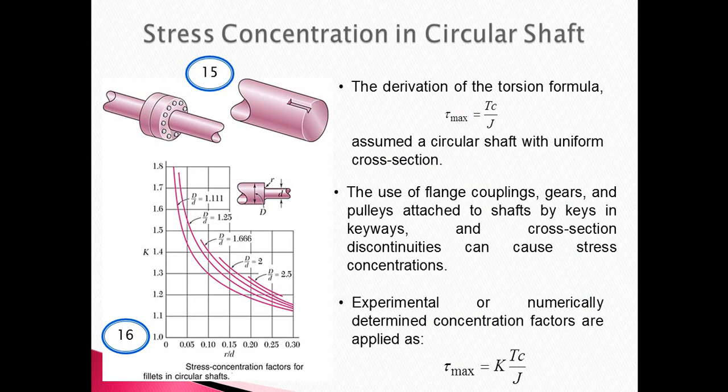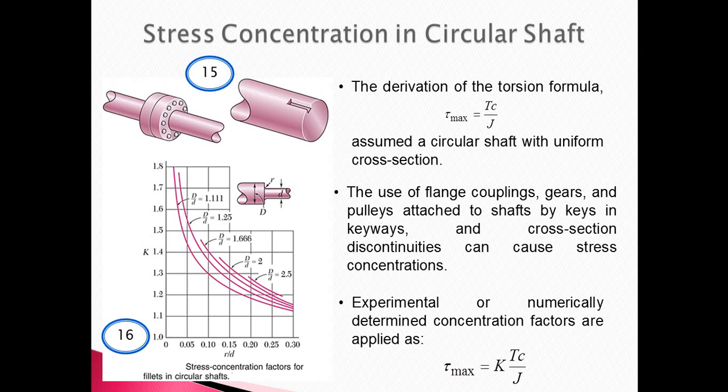What we have discussed in this video and the previous video is based on the assumption that the circular shaft is made with a uniform cross-section. The use of flange couplings, gears and pulleys attached to the shaft by keys in keyways, as shown in picture 15, and other cross-section discontinuities can cause stress concentration. Special treatment must be taken in order to avoid premature failure that may occur at stress concentration points.